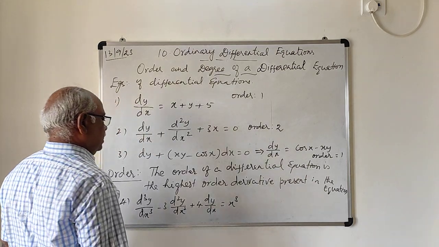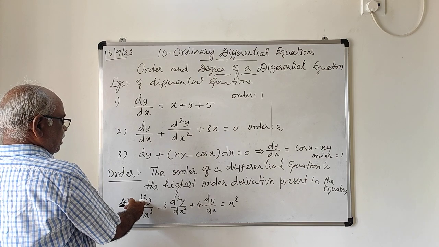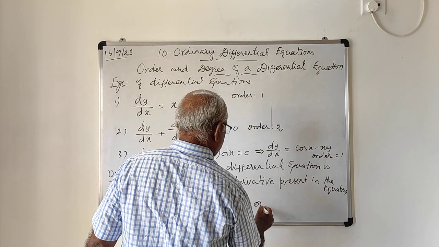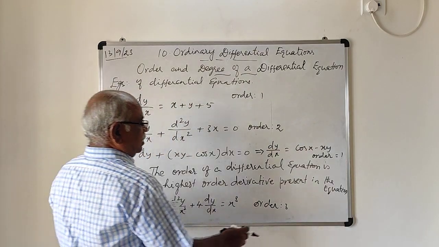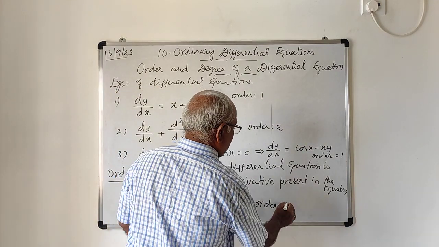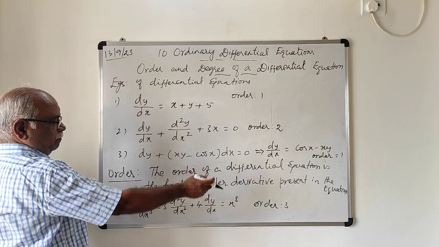Here 3 is the highest order. Therefore, the order of this equation is 3. The third order derivative is the highest order.